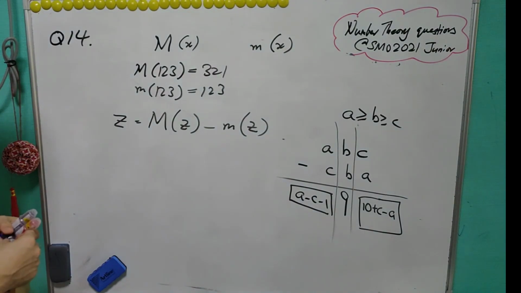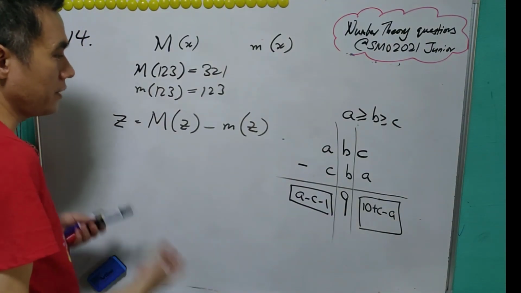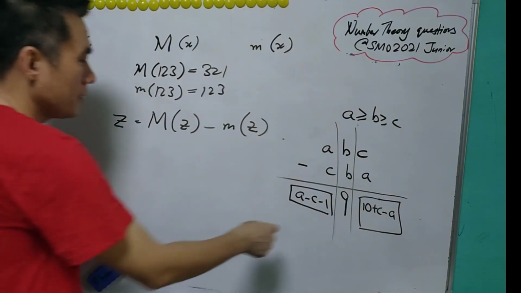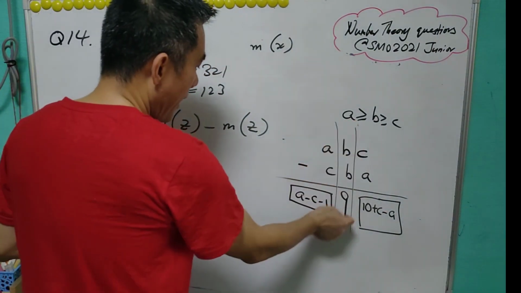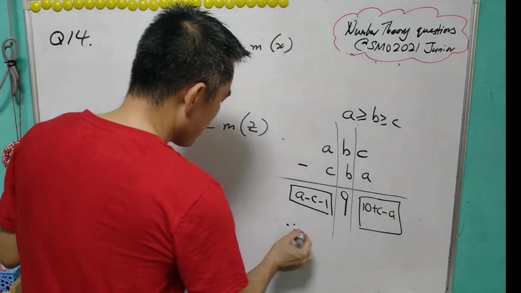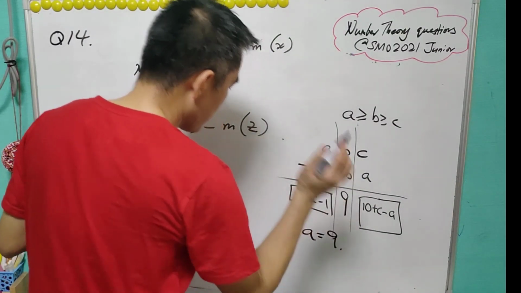And therefore, we know that out of the 3 digits in the number z, 9 must be one of them. And therefore, A has to be equal to 9.